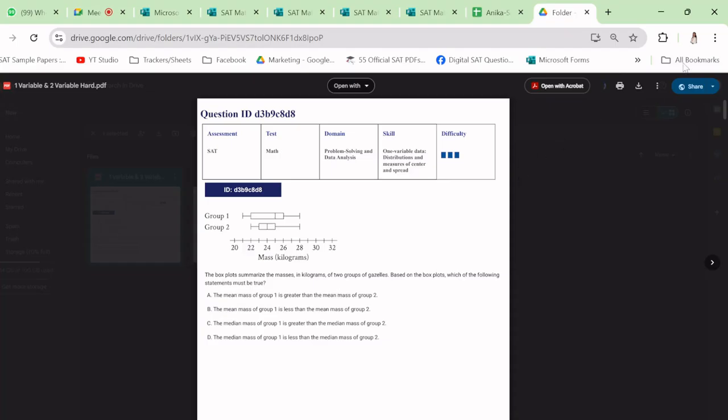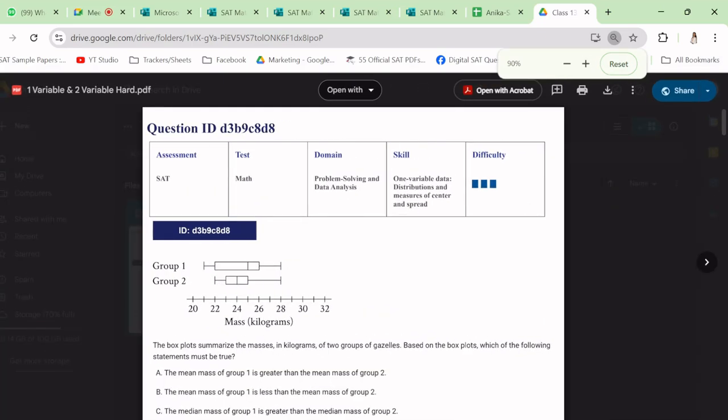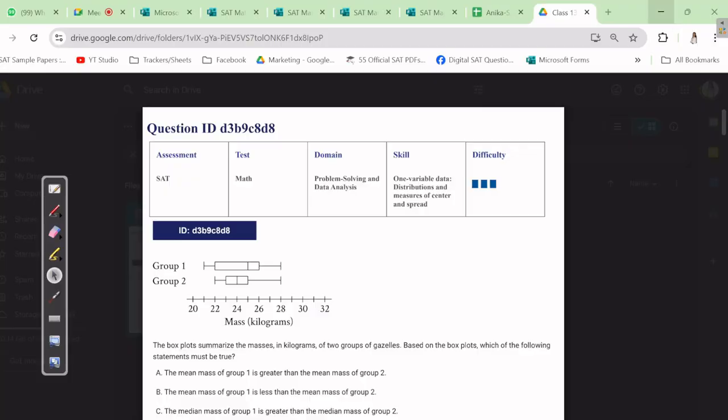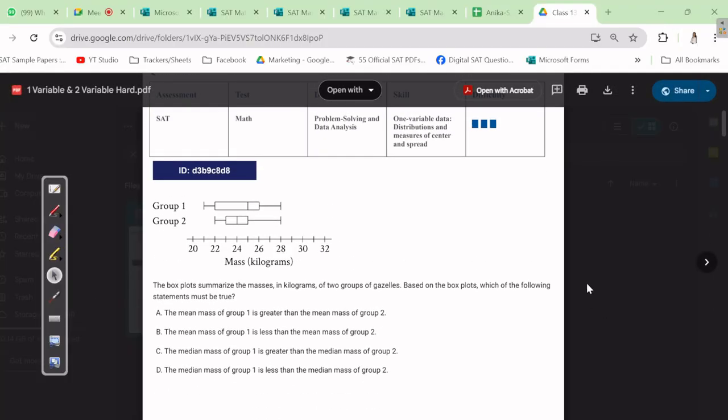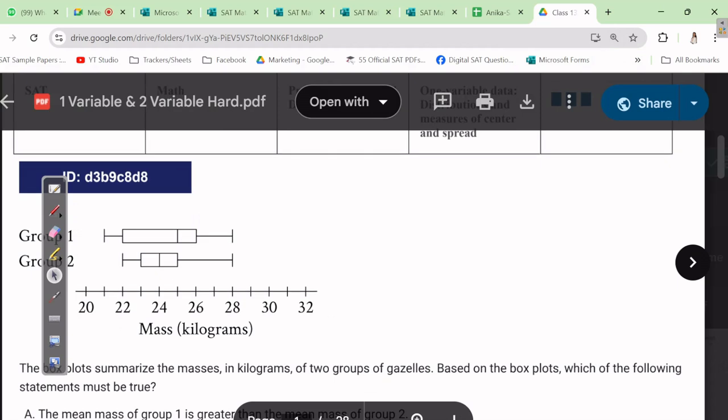Okay, base question. This one is on box plots. So here you have two box plots, Anika, and you can see that this line is not in the center.